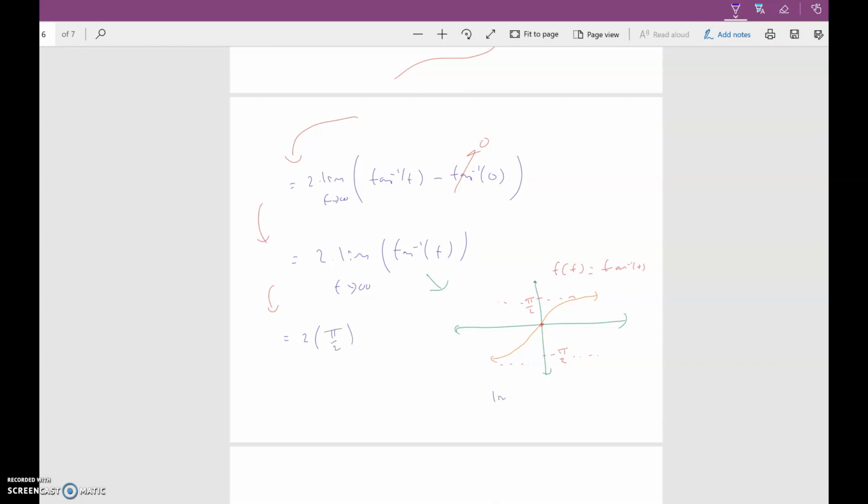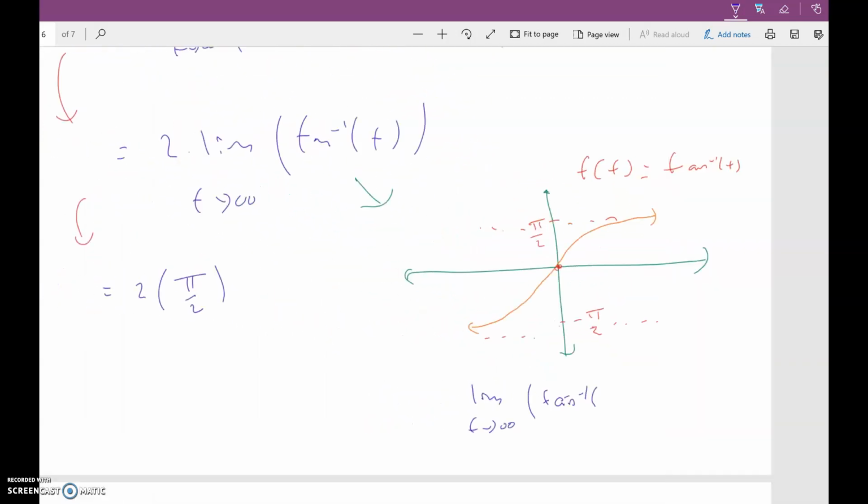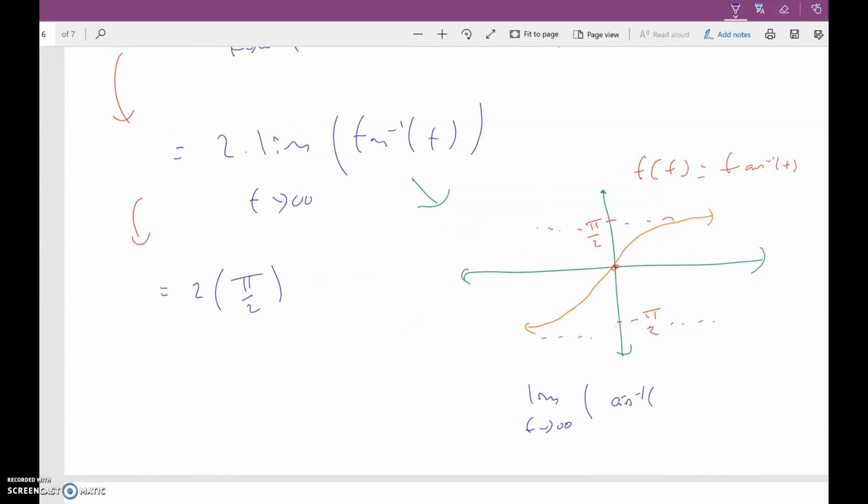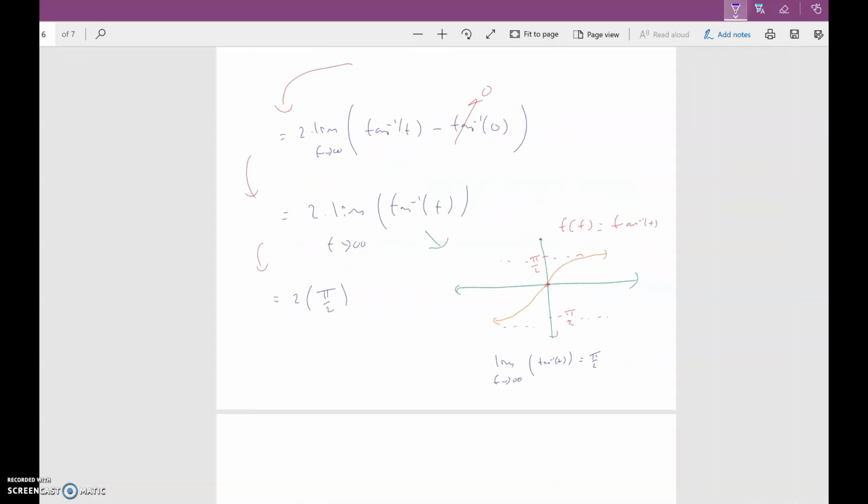So technically the limit as t approaches positive infinity of tangent inverse of t is equal to pi over 2. Okay, so back where we left off, we're looking at our final answer being pi.